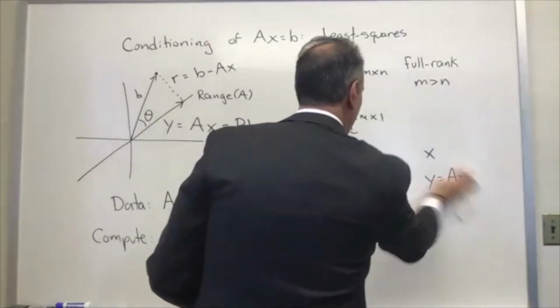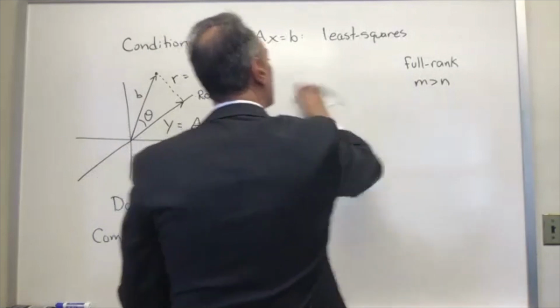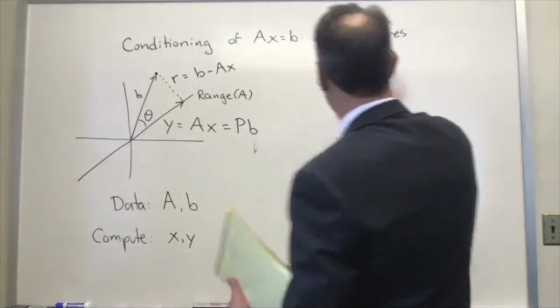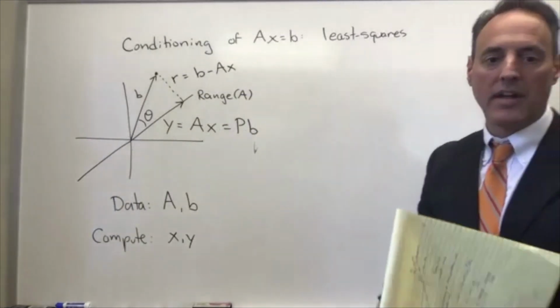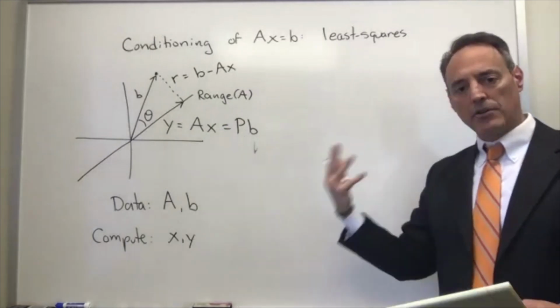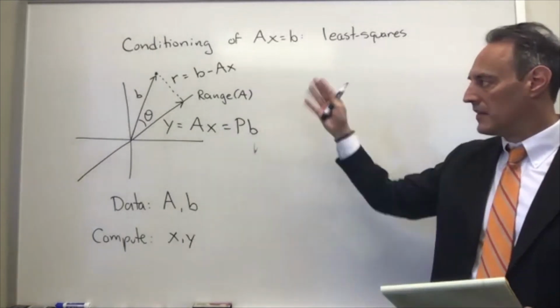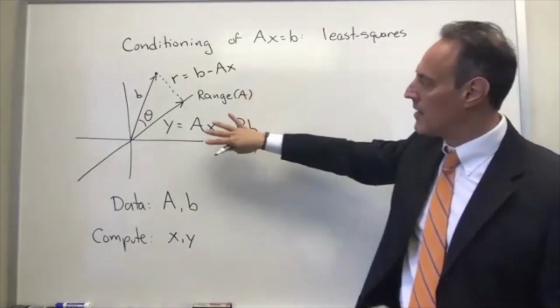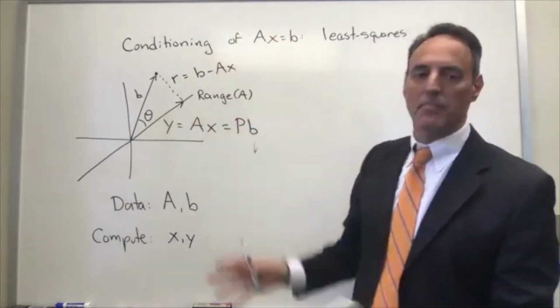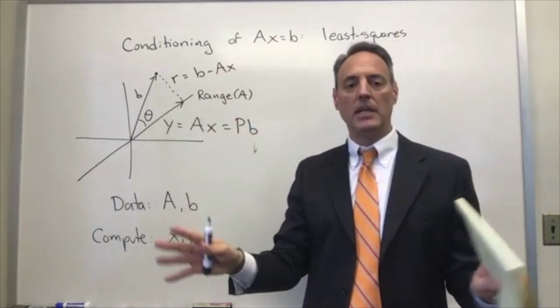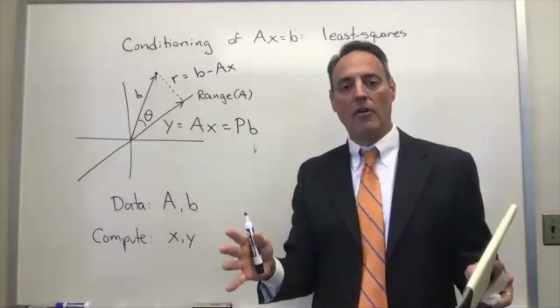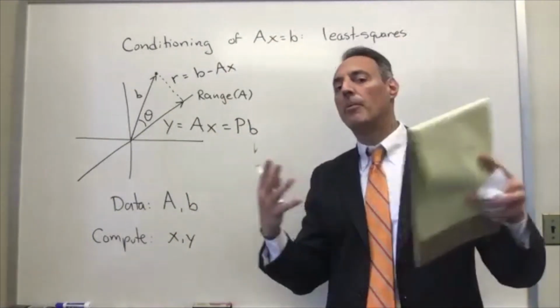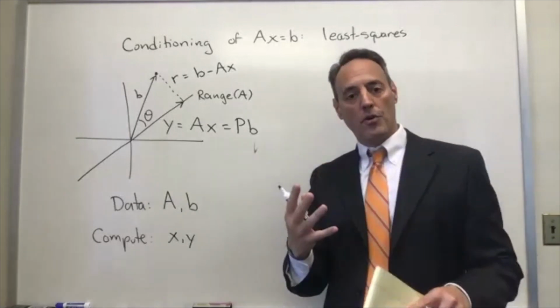This starts to frame for us, in a very concrete manner of AX equal to B, how to start thinking about conditioning. This is a really important graphic. It's important that you understand this, right? I'm just simply talking about AX equal to B, which we all think we know how to solve. But now we're looking at it from the point of view of an overdetermined system.